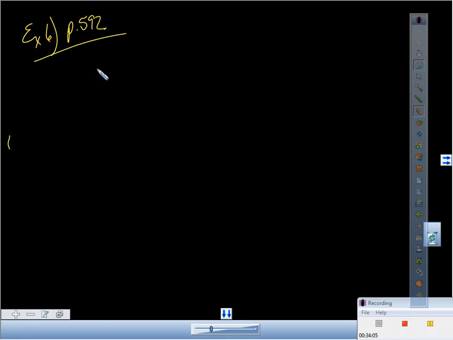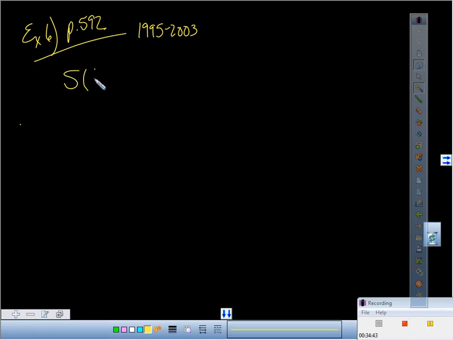From 1995 to 2003, the annual sales S in billions of dollars of entertainment software can be modeled by this equation. S of T, the sales with respect to time. Now, what should I expect my sales to do with time?